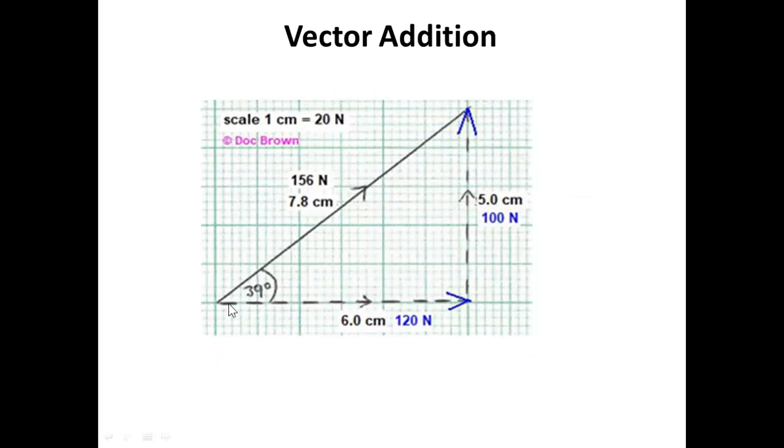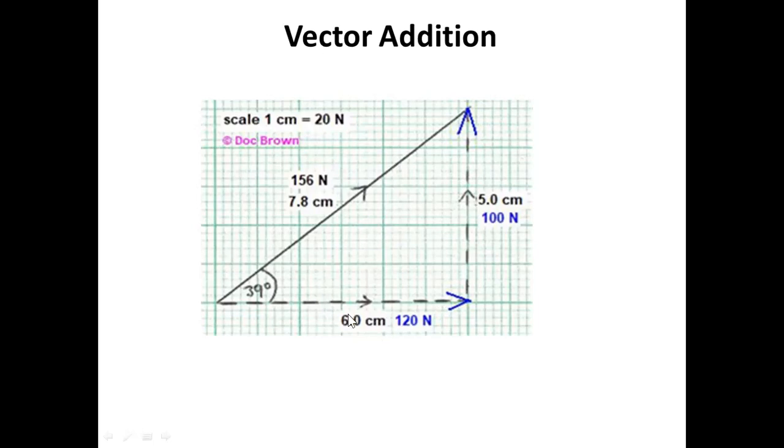To determine now the resultant, we are given the problem statement of two forces. The other one is 120 newtons at a 0-degree angle, so it points towards the positive x-axis. Using the scale of 1 centimeter equal to 20 newtons, since this is 120 newtons, through ratio and proportion, if we graph this, 120 newtons is equal to 6 centimeters.